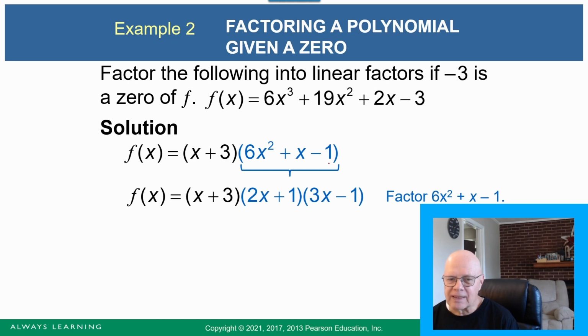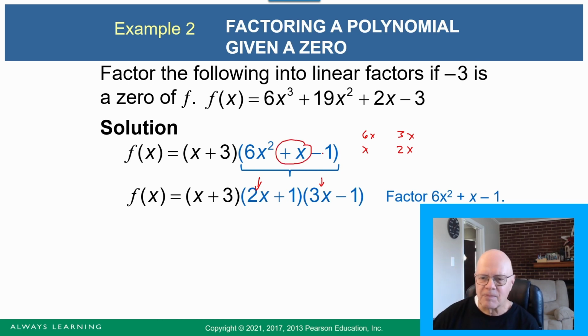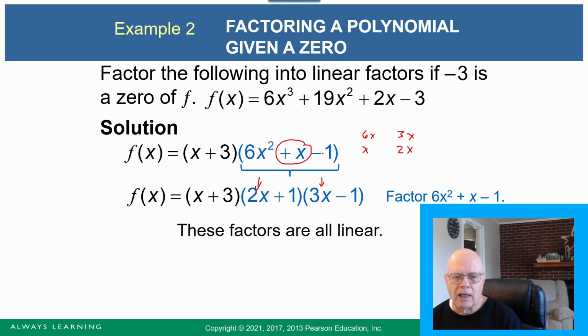By the way, if you're doing this by trial and error, this 1 would have to come from a plus 1 here and a minus 1 there. And just see how you get the 6x squared. It could be a 6x and x, or it could be a 3x and 2x. And it probably is obvious to you that those two are going to give you the plus x you have as the middle term.